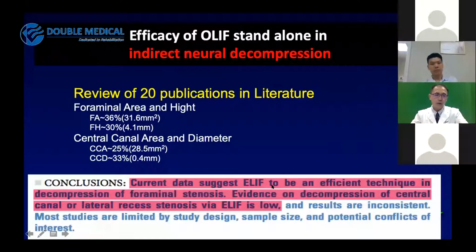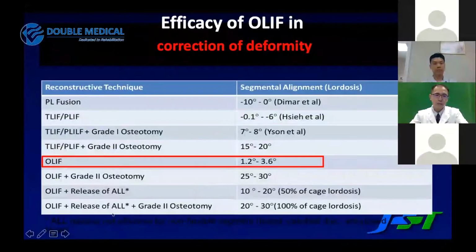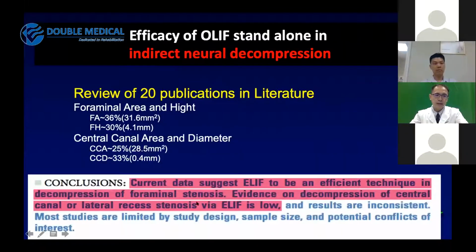Since the neural decompression by OLIF is indirect, during surgery we cannot see the nerve directly. In some cases we cannot guarantee whether the neural decompression is adequate or not.